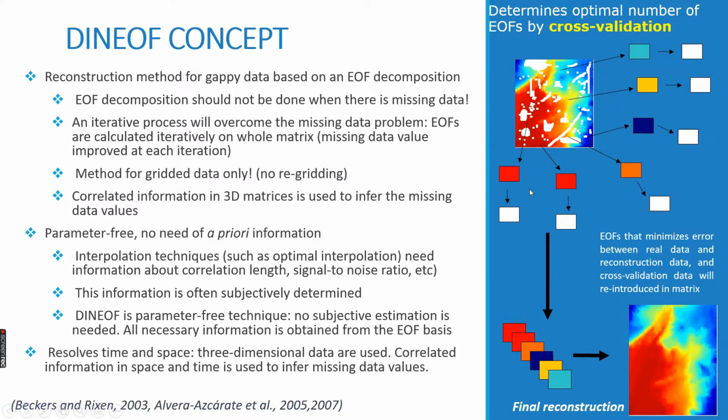We use singular value decomposition to get the good value of each grid and determine the optimal number of modes. Then we put it into the empirical orthogonal functions of the SVD, and this EOF tends to minimize the error between the real data and the reconstructed data by doing cross validation. The cross validation data will be reintroduced into the matrix, and we do the interpolation, and by truncating the SVD, we attempt the final reconstruction and obtain complete spatial data.